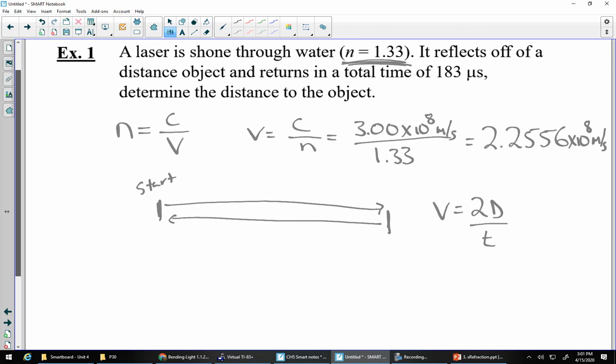Or we could just cut that time in half and say, well, if it takes 183 microseconds to go all the way there and all the way back, it would take half as much time just to go all the way there, and then we'd end up with that one-way distance as well. So honestly, it doesn't matter how you solve that as long as you're taking into account that it's going all the way there and all the way back in some way, shape, or form.